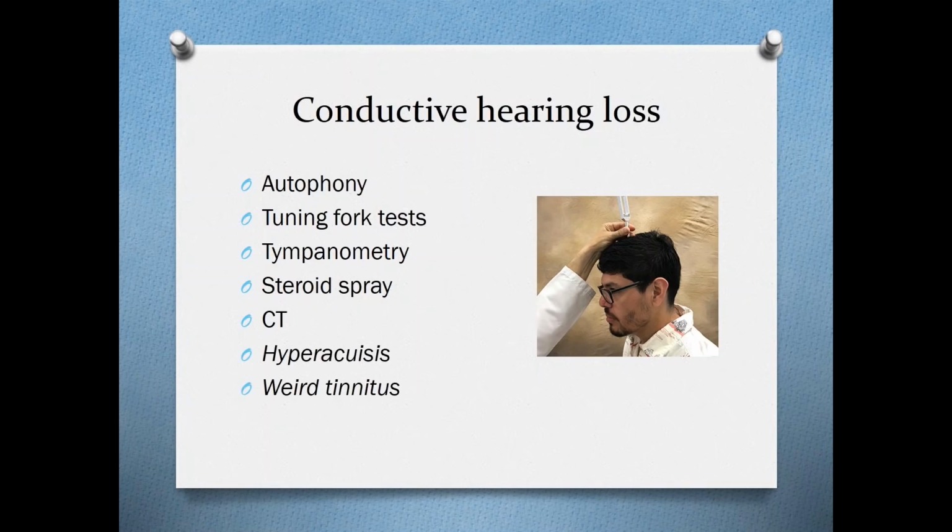Sometimes patients will present with an air-bone gap, which looks like a conductive hearing loss on audiometry, but they report hyperacusis. They can hear their own eyeballs moving, or a tuning fork placed on their knee, or they'll hear their palate moving, and so they report hyperacusis and a very weird tinnitus.